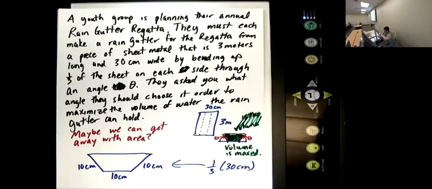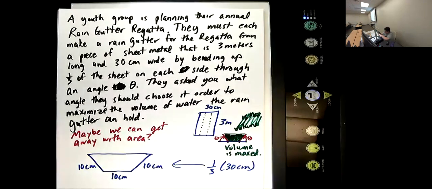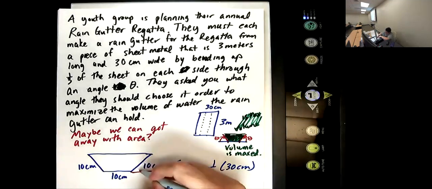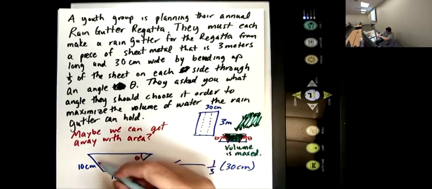All right, so this angle here. Here's a little bit of fun geometry for you. That angle there, theta, is the same as that angle there, theta. And same thing over here.